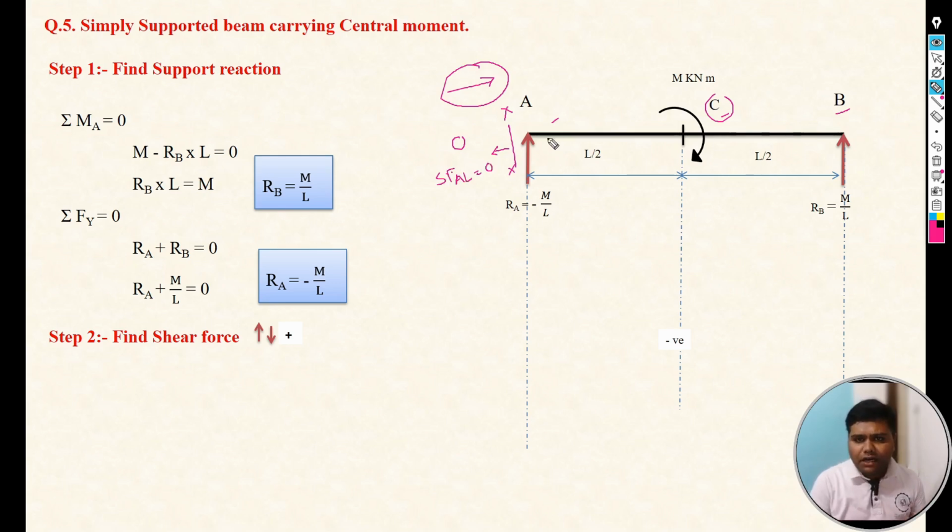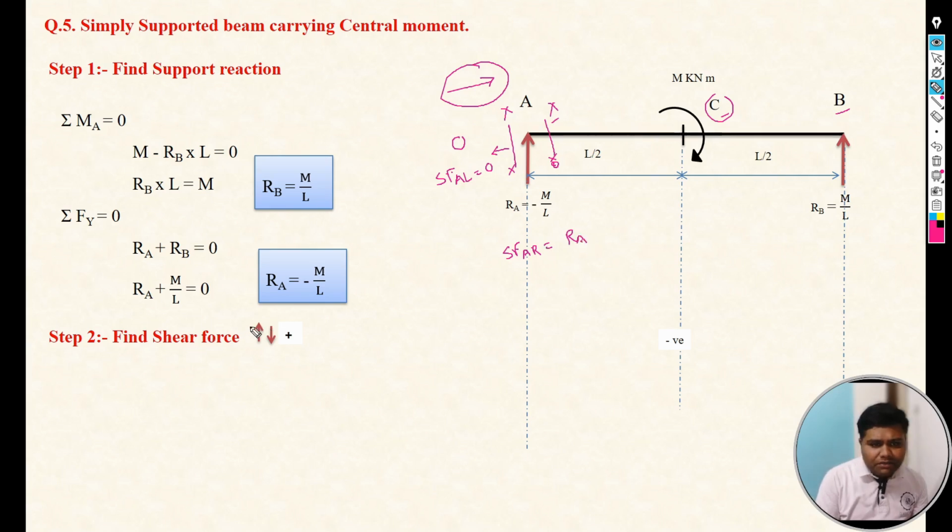Now next, after that, just take the section on the right of A point, so we can say shear force A right is equal to, now see, if we focus on the left of that particular section, we can see one force Ra, and that Ra is upward.